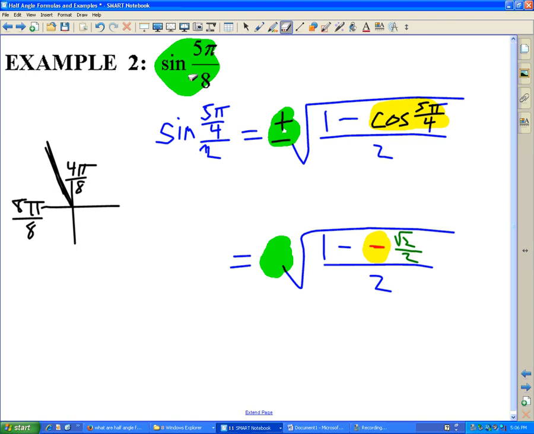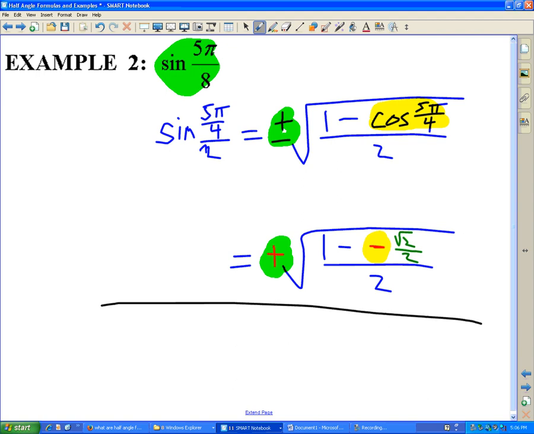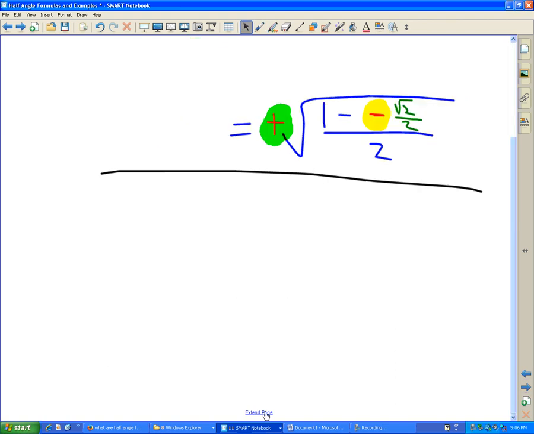And sine, which is based on a y value, is positive in quadrant 2. So if you want to write the positive just to keep you straight on the first problem, that's fine. You don't really need to write that positive out there, though, when it is positive. There's your 2 important decisions. One inside, one outside. And now we're ready to do a little algebra and finish this problem off.